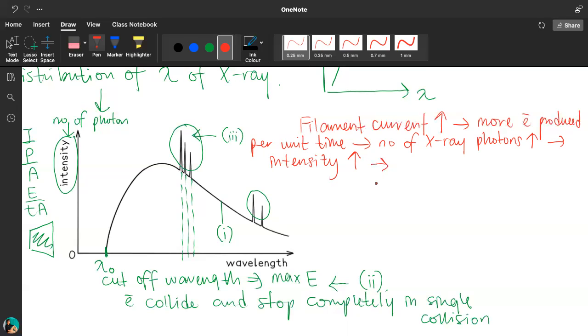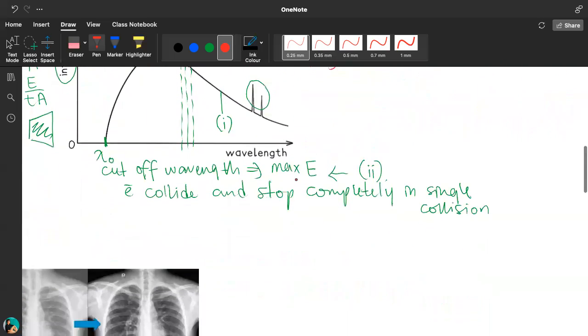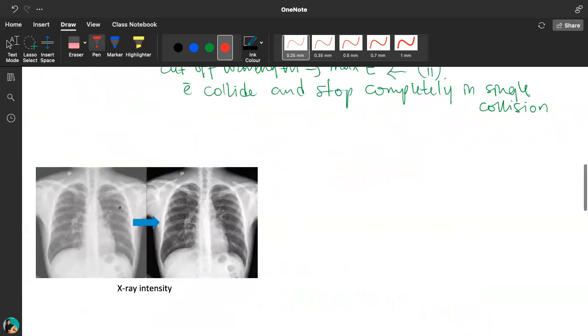How does that affect your X-ray image? Your X-ray image is going to look darker, like this picture down here. This is when I increase the X-ray intensity, or I increase the number of photons reaching the film. This is the blackening.